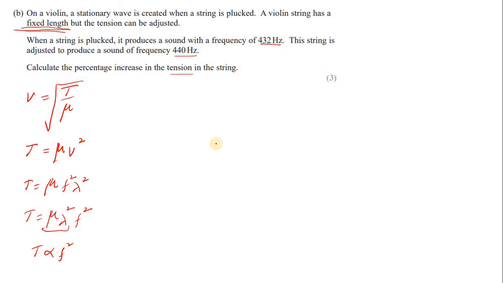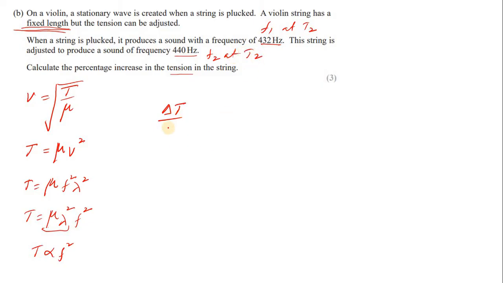Now we need to find percentage increase from 432 to 440. So change in tension with respect to the initial value, let's call F1. This is F1 at tension T1. This is F2 at tension T2.